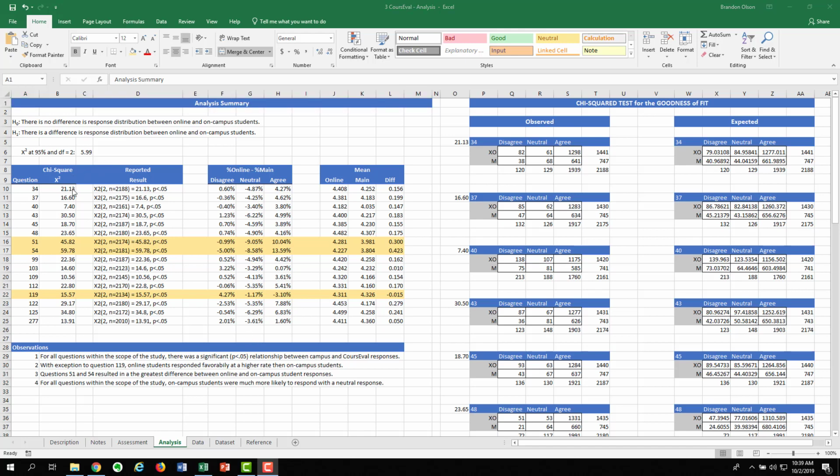With a chi-squared greater than the threshold at the 95% confidence level, I've demonstrated for each of these 16 questions that the null hypothesis is not valid and that the alternate hypothesis is true: there is a difference in response distribution between online and on-campus students. My alternate hypothesis is true for all 16 questions.